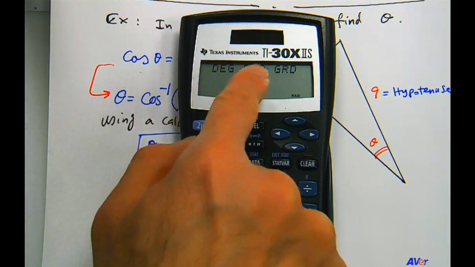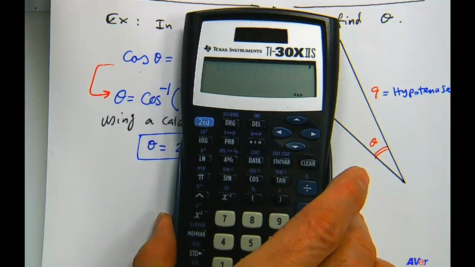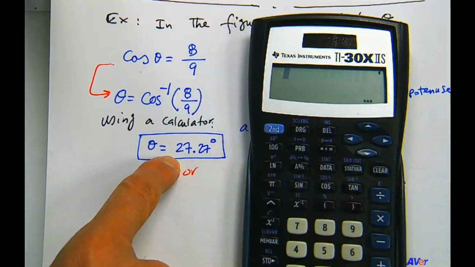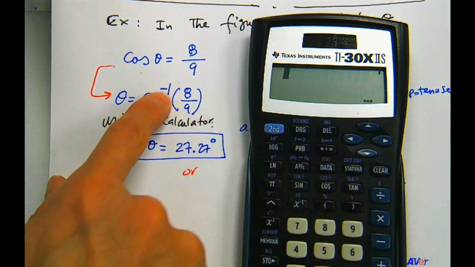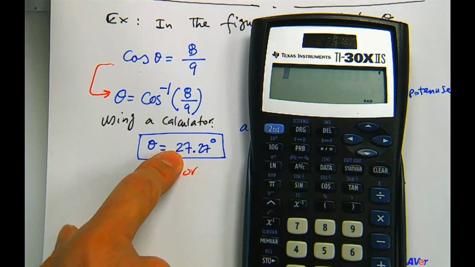Mine was in degrees, now it's on radians. So I'm okay with that. Well, no, it wouldn't convert that to radians. So let me do an inverse cosine of 8/9, and it should give us this result in radians.